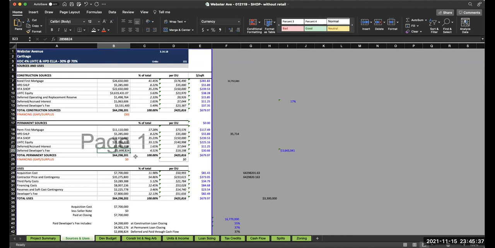4% tax credit, as they call it, or non-competitive tax credit, where we're not submitting an application to the state or the city. We're actually just going in and saying, hey, we want to do this project. It meets the parameters. We don't have to do any competitive things or go through any crazy application processes. I will say in New York, there's way too much money and not enough subsidy within the building departments.